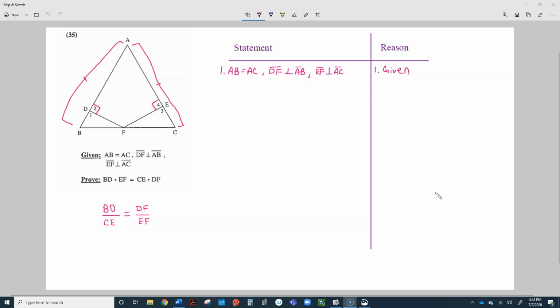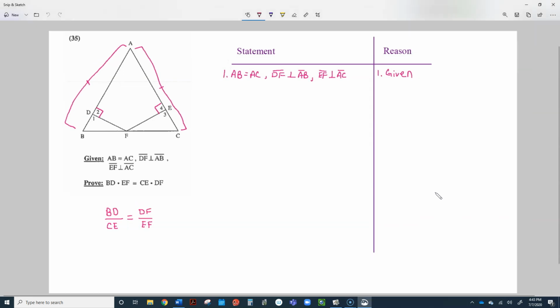And then I have DF over here. So I looked at DF, and DF corresponds to EF. So if you stack them like this, corresponding parts, then you can see that if you cross multiply right here, you end up with this. So this is probably what I'm looking for right here. This is going to be what I'm trying to get in my proof.